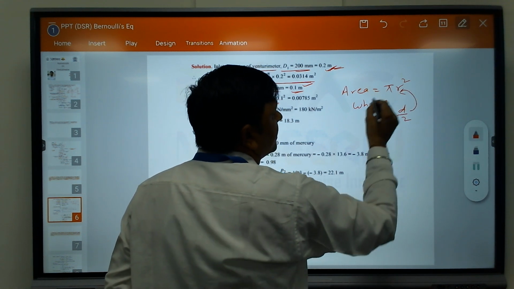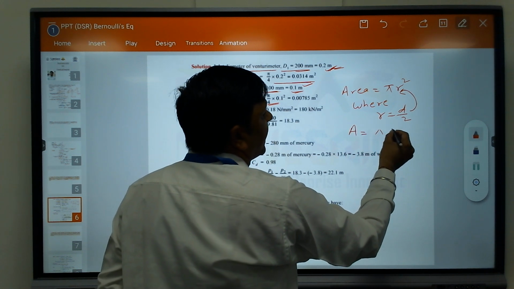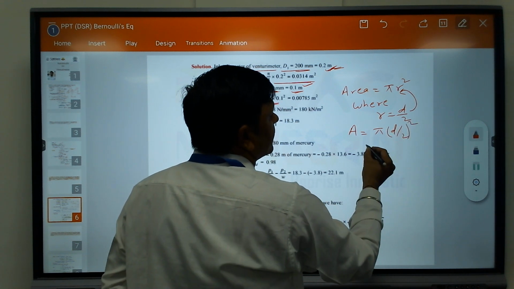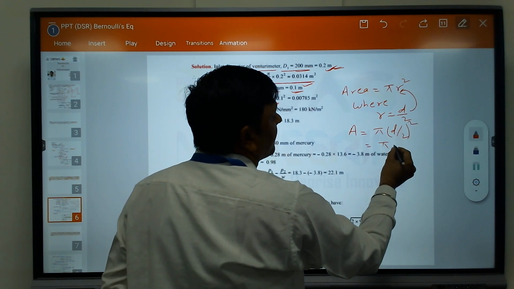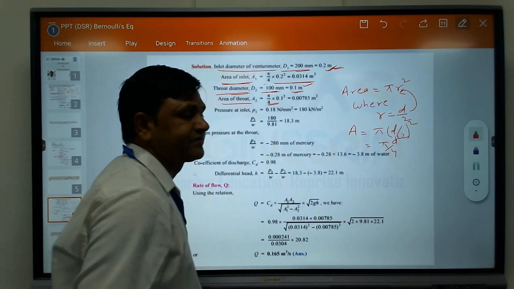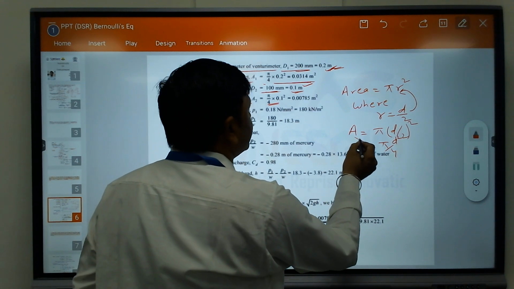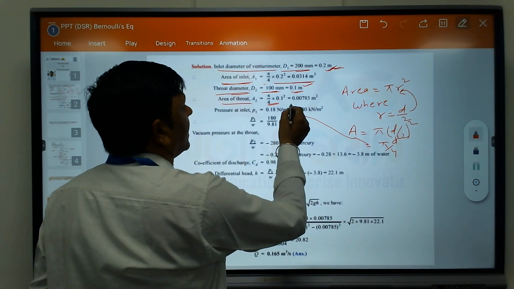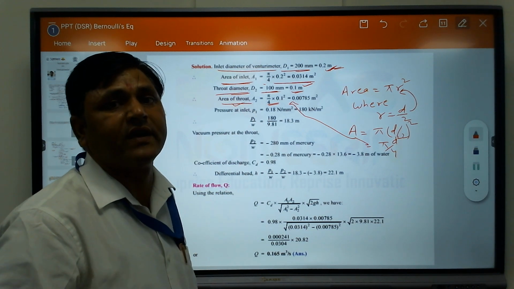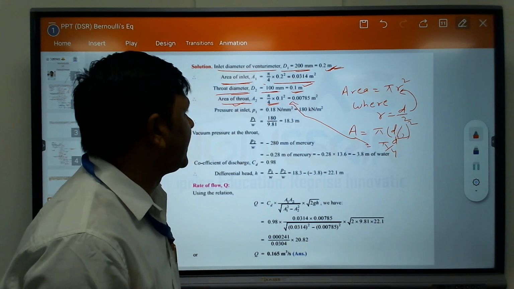Putting this value in the equation, area is equal to pi times d over 2 whole square, which is equal to pi by 4 d square. Using this formula, we can calculate the area of the throat, area of the inlet section, and area of the outlet section, wherever applicable.